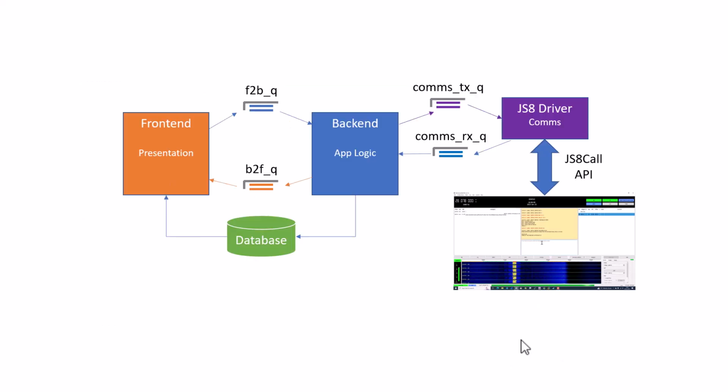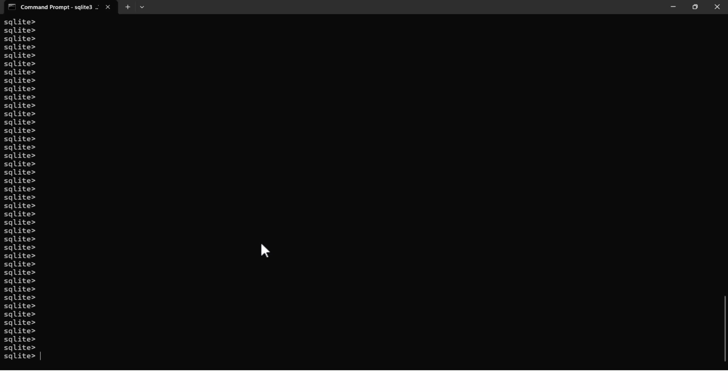Digging in a bit deeper into the operation of the client, what we find is that post information, listings and post content flows from JS8Call into the client software, and then it's stored in a database in the client. We can see that database if we have a look just here.